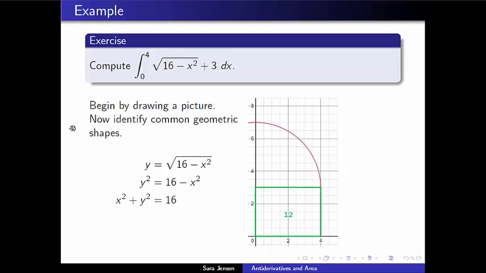The next thing we do is identify the common geometric shapes that we see in our picture. Now it's very important here to realize that just as calculus isn't a perfect tool for every definite integral problem, neither is geometry a perfect tool for every definite integral problem.